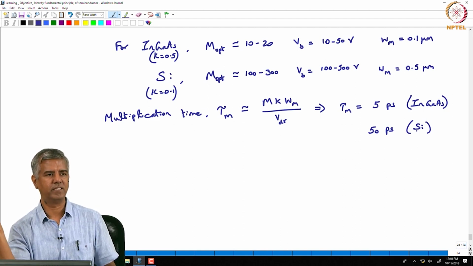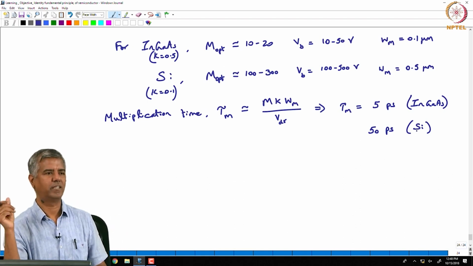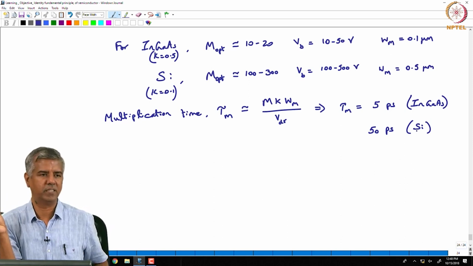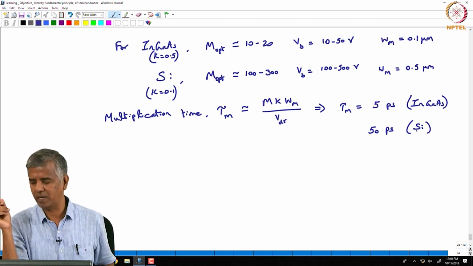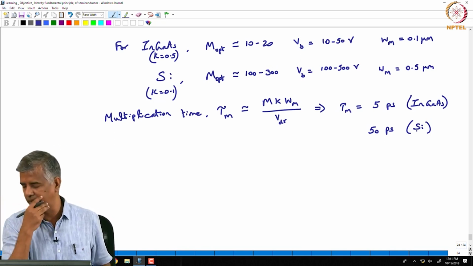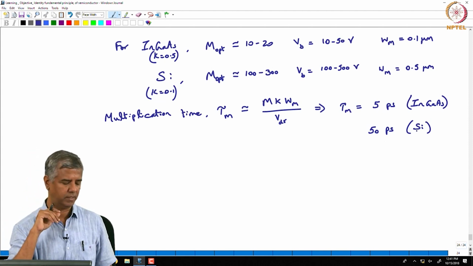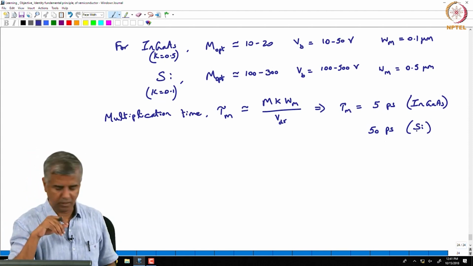What spectral region does it address? 1.55, the communication. So, for all your communication applications you use indium gallium arsenide, whereas silicon is more for spectroscopy and other free space applications. So there is no direct comparison between the two.